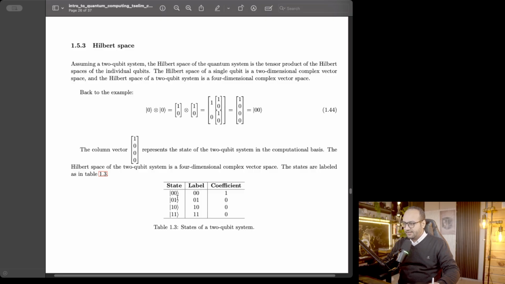So in that sense, we can look at the state of the 2-qubit system initialized in the ground state. Both of them are in zeros, so we have the coefficient at the situation where both qubits are in 0 and 0 states. The other situations, which are possible because they are allowed in the Hilbert space, 0,1, 1,0, 1,1, they exist, but they have 0 coefficients. It means that these situations do exist in the Hilbert space.